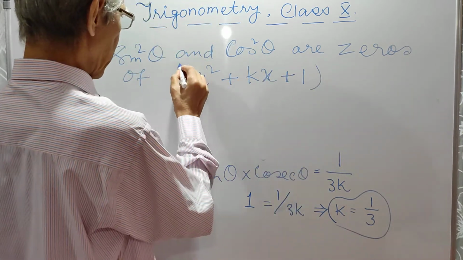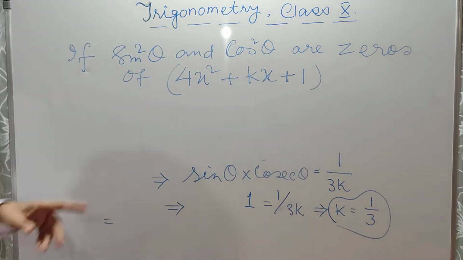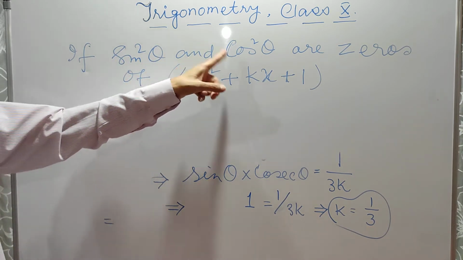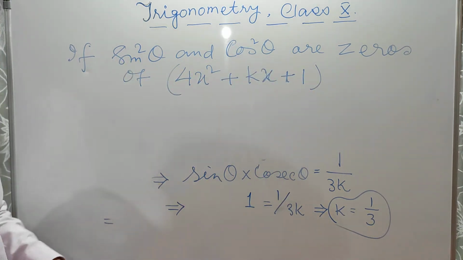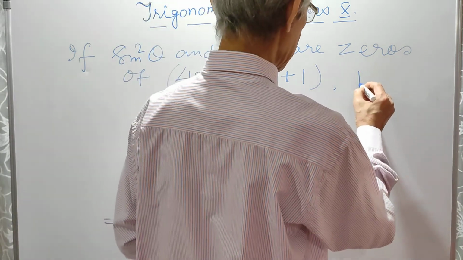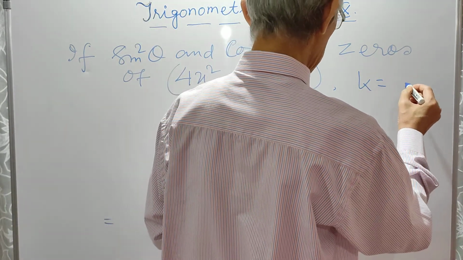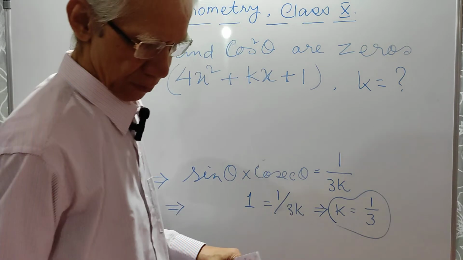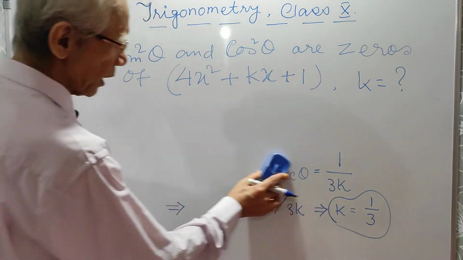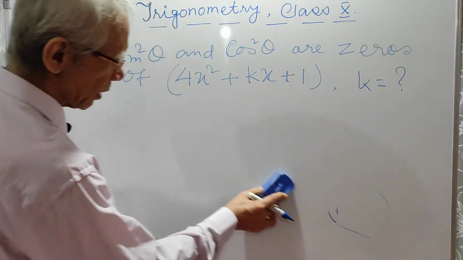So this is the polynomial. So what is given? Sine square theta and cos square theta are the zeros of this polynomial. Then find k. So what is the value of k? That is the question. All right. So again we use that alpha and beta rule, sum and product.